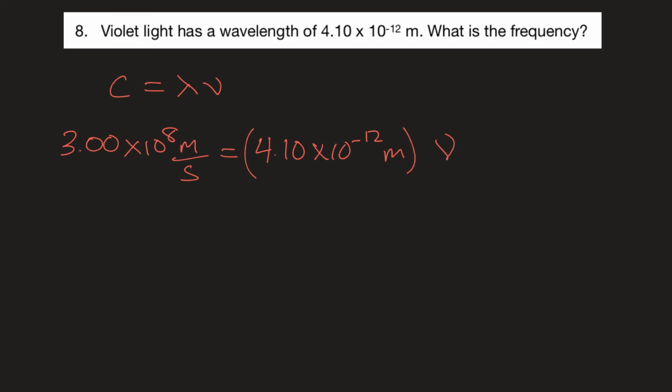One thing I definitely want to point out is that the distance unit in the speed of light and the distance unit in the wavelength have to be the same. You must do some conversions if they're not the same already.